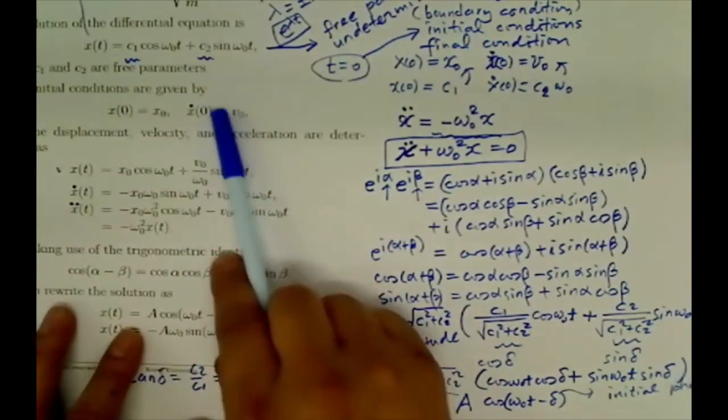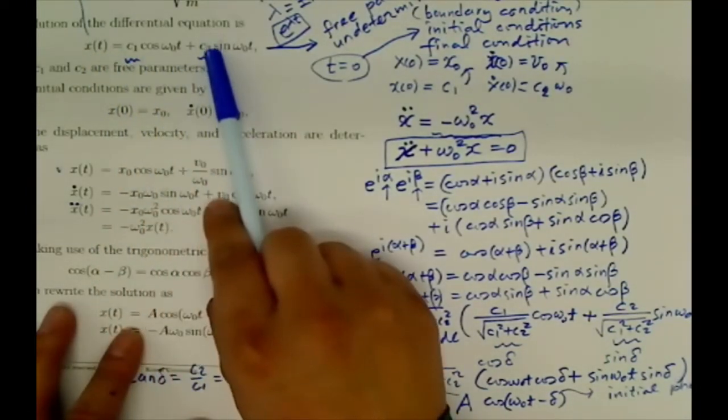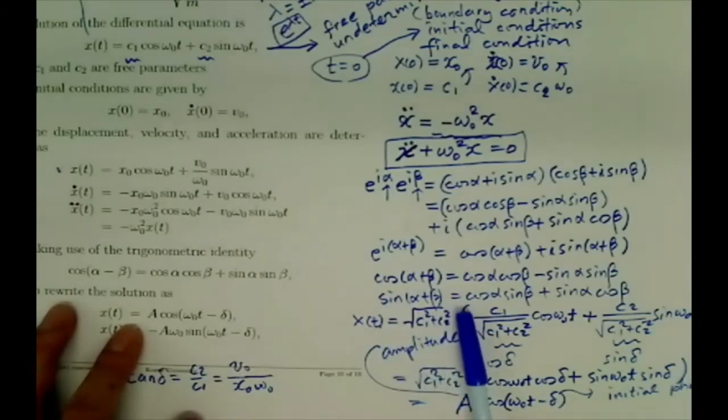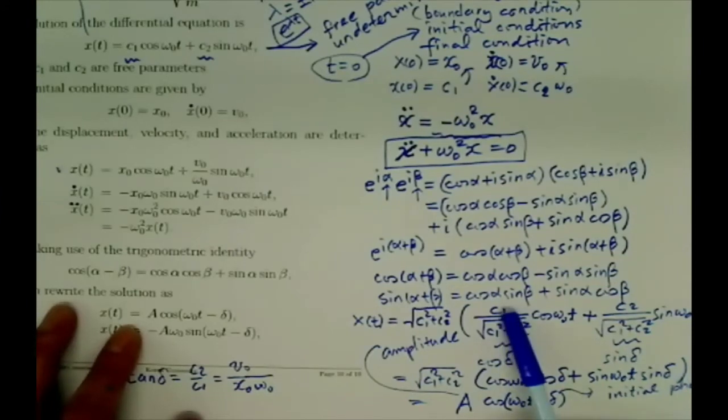Let's see. C1 and C2 are real numbers. If I square C1 and C2, sum them up and take the square root, then this overall factor is artificially multiplied. So we need to return to the original expression by dividing by the same factor: C1 over the square root of something and C2 over the square root of something.